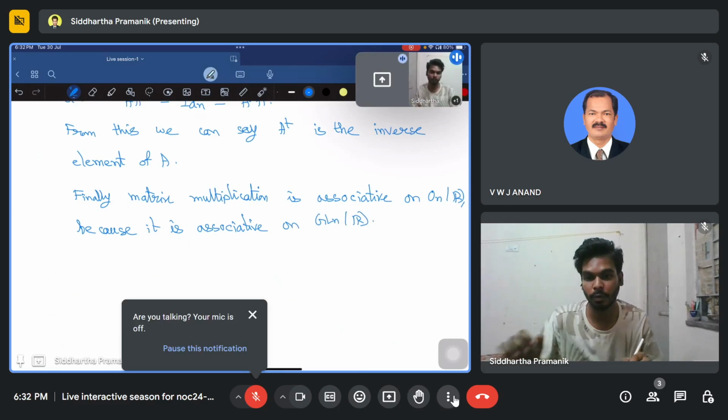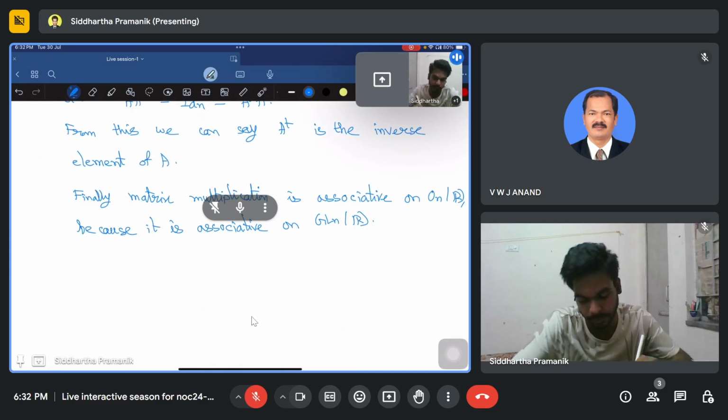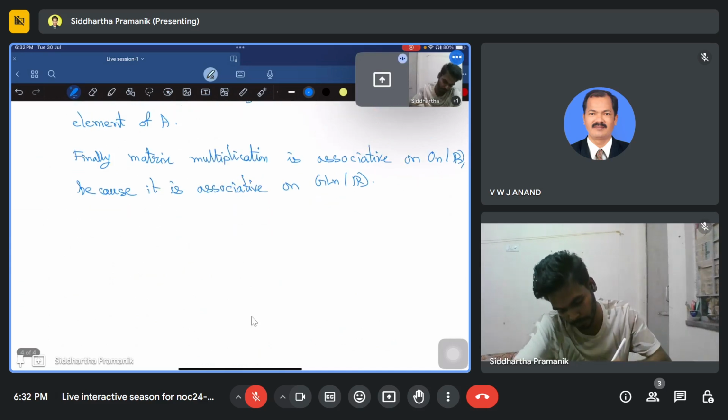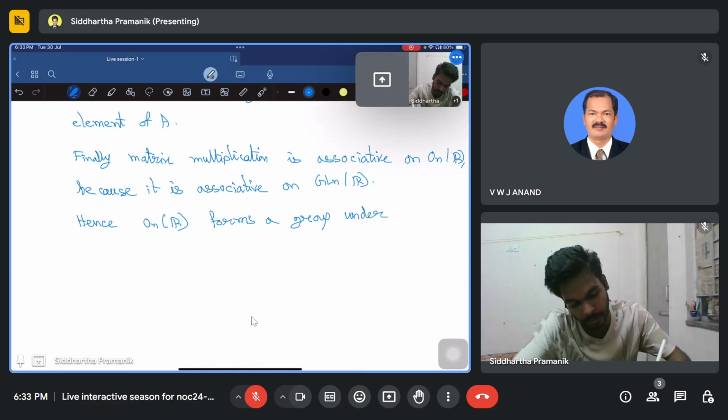So all the four properties of a group are satisfied here. So O(n, R) forms a group. Hence O(n, R) forms a group under matrix multiplication.